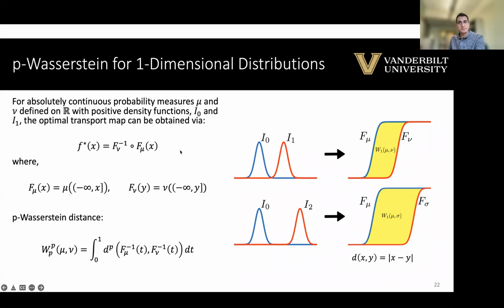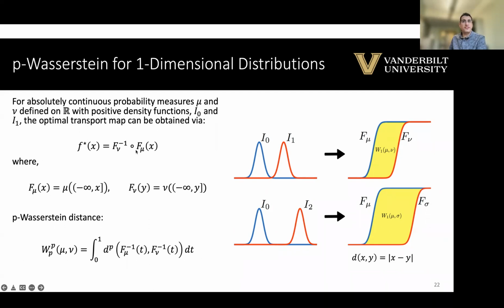Let's look at this for absolutely continuous probability measures, and then we will see it for discrete measures. If we have one-dimensional distributions mu and nu, we can essentially define the optimal transport map F star as a composition of the inverse of the CDF, cumulative distribution function, of one with the cumulative distribution function of the other.